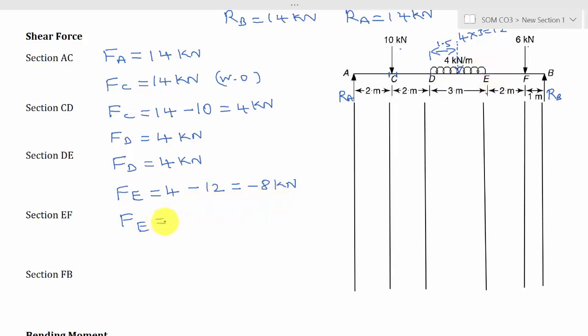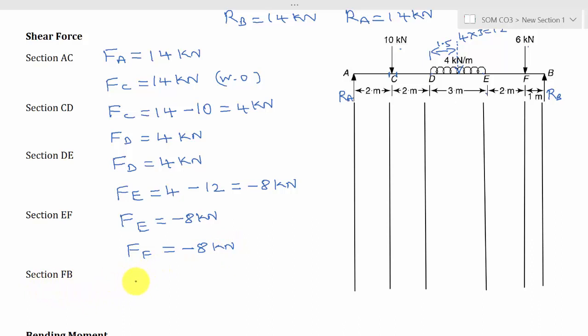You will have the equal shear force, that is minus 8 kilonewton. Then consider section F, first without the point load, so you will have the same magnitude, minus 8 kilonewton.